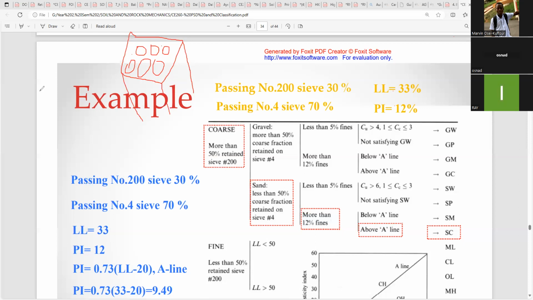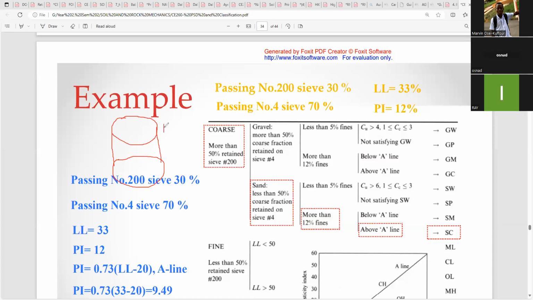Let me draw it properly. Okay, so it's like this. This comes, then the next one. So it has been arranged like that. This is number 4. The number 4 comes first. So sieve number 4. And maybe this is sieve number 200.